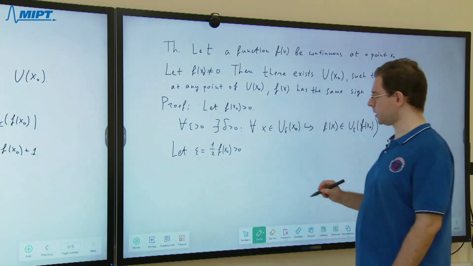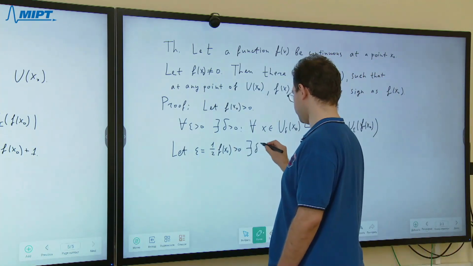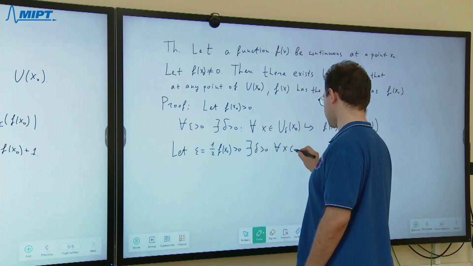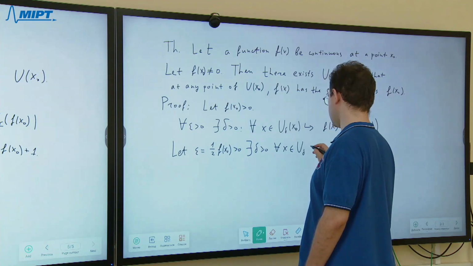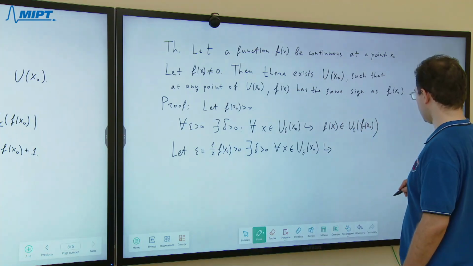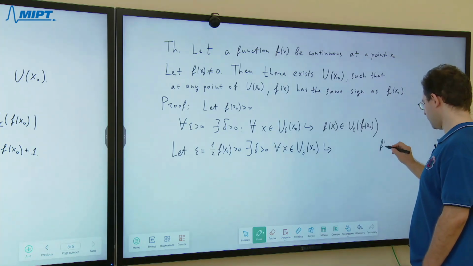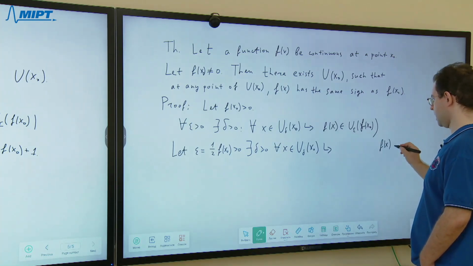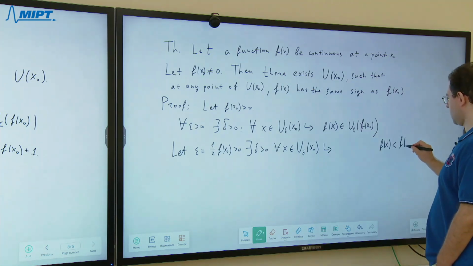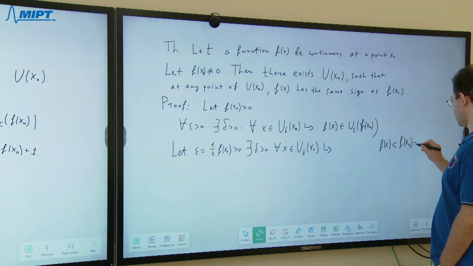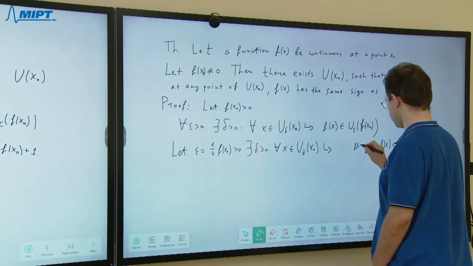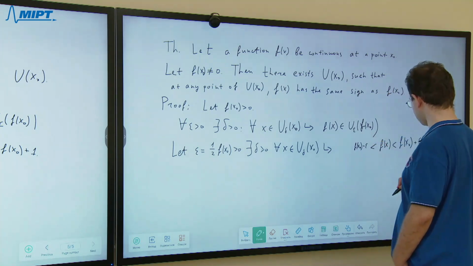For this epsilon, there exists delta, such that for any x from delta neighborhood of x0, it follows that f of x is less than f of x0 plus epsilon and greater than f of x0 minus epsilon.